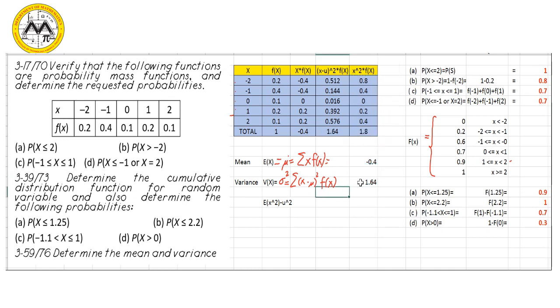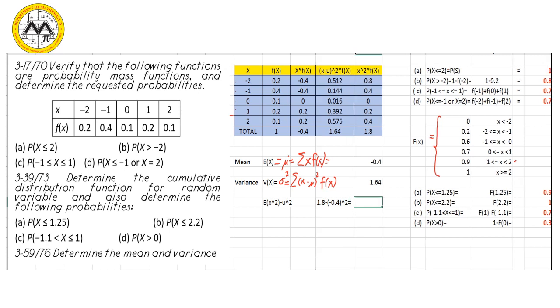So that would be equal to 1.8 minus negative 0.4 squared. And then we evaluate that. 1.8 minus 0.4 squared.